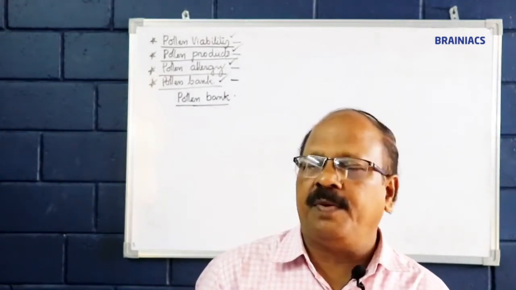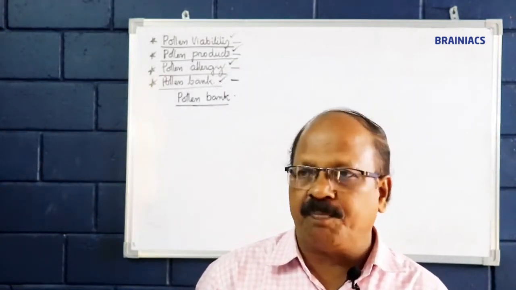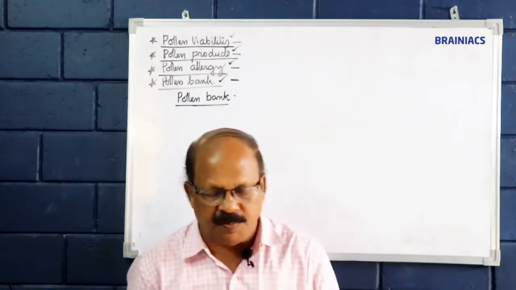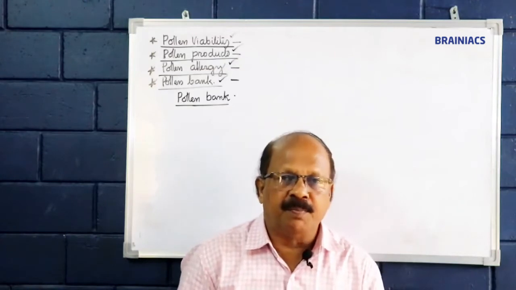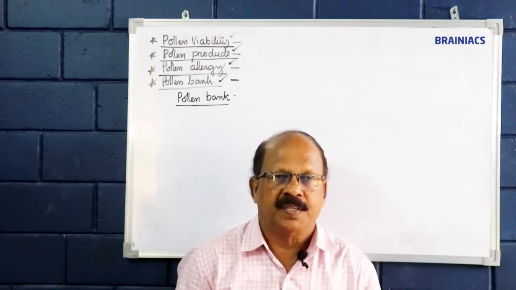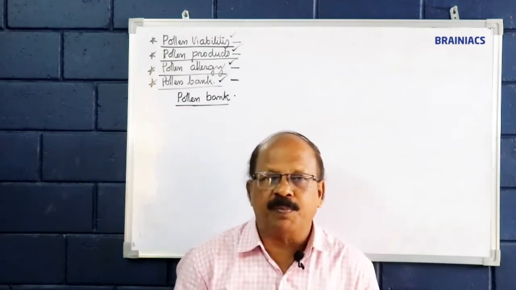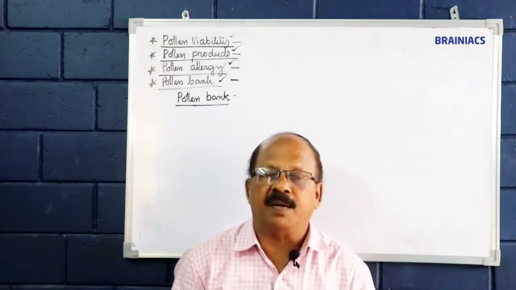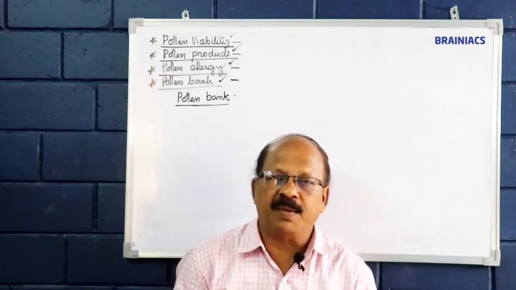For qualitatively and quantitatively high yielding plants, the pollen grains will be very important for cross-pollination. It is a crop improvement program because new varieties of plants can be easily produced by cross hybridization.